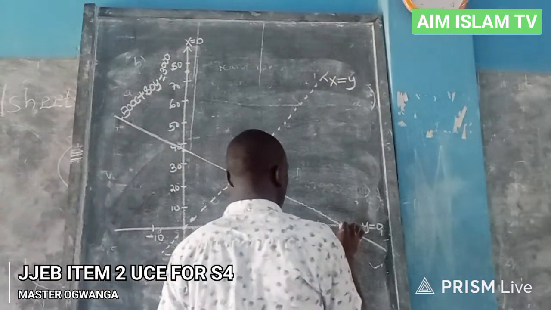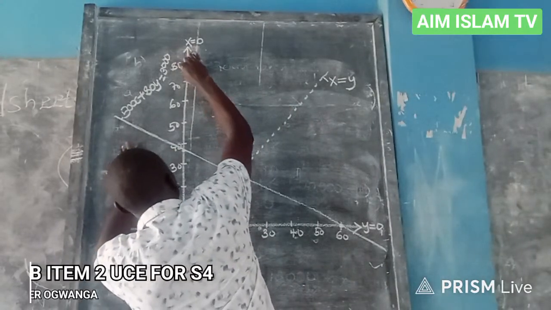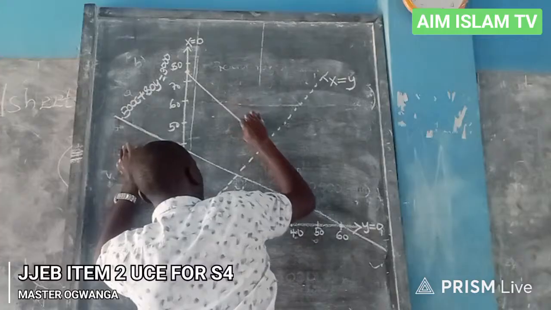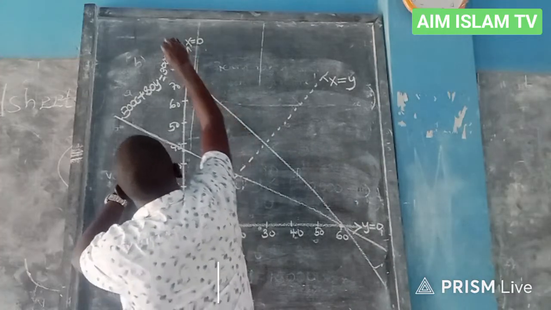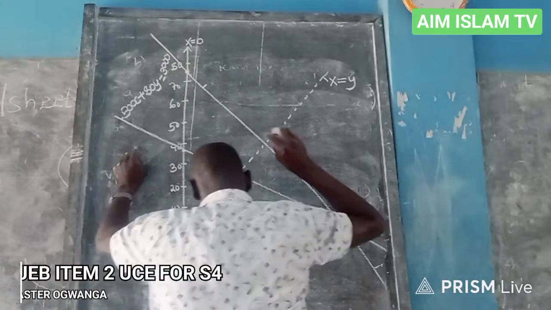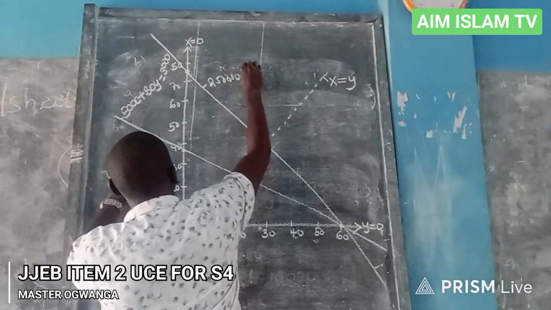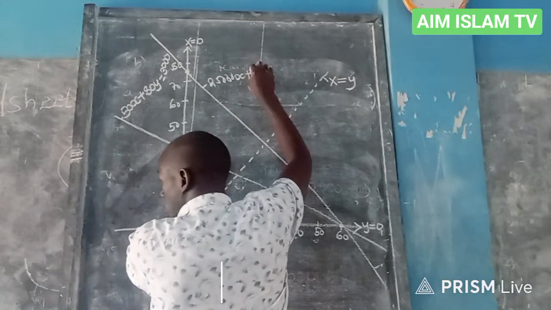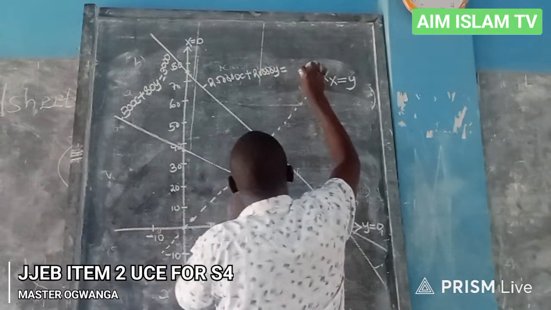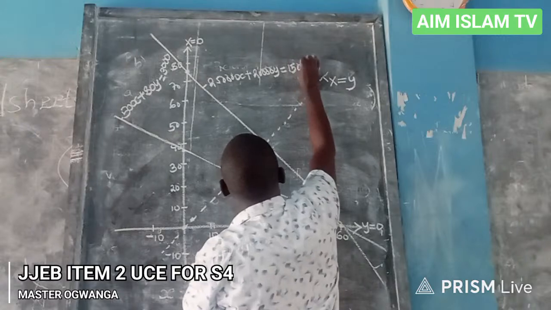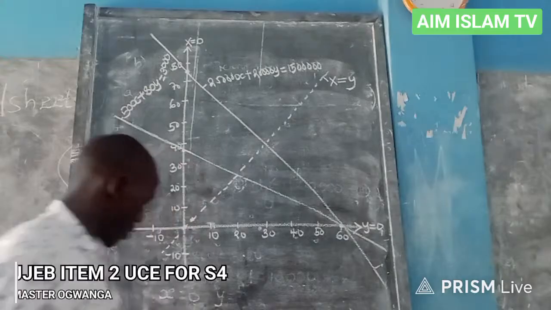And then 60, 0 at the same point. That is here. Then I draw it using a solid line. So this is the same as 25,000x plus 20,000y equals to 1,500,000.